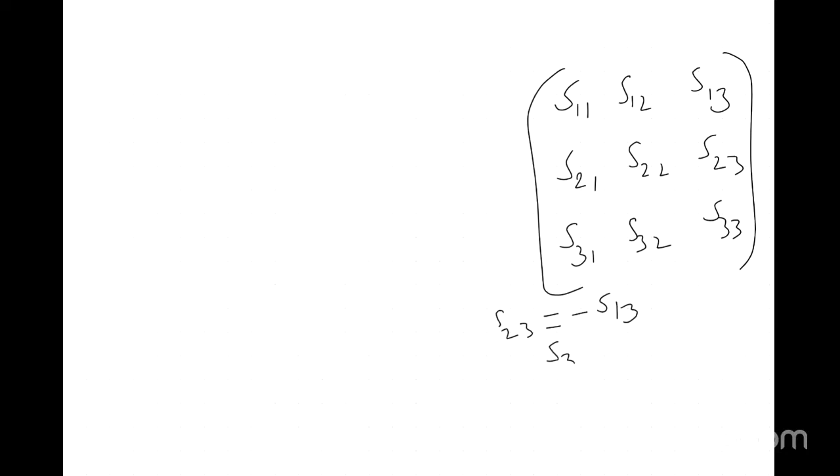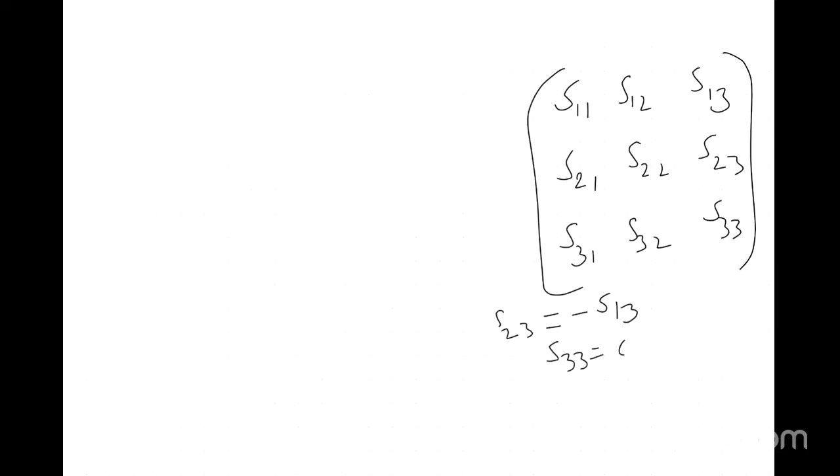To this 3 by 3 matrix, I am applying some conditions. The conditions I am taking here are: S23 is equal to minus S13. The next condition is S33 equal to 0.